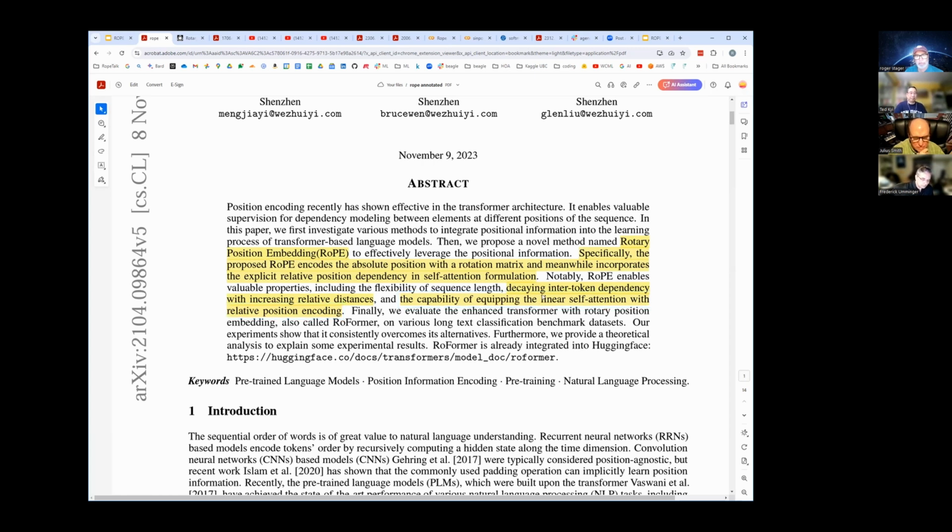And then linear self-attention with relative position encoding. I think that's kind of what we're talking about: every token gets its coordinate, but then you have inter-token distances that are constant, depending on the relative distance between them.